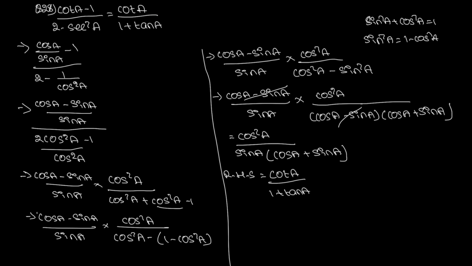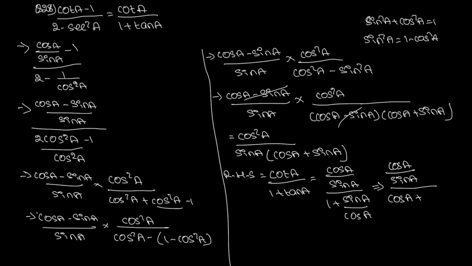Right. Now let's convert this in the form of cos and sin. This cot can be written as cos A by sin A, and this tan can be written as sin A by cos A. Here we need to take the LCM of this denominator. We'll get it as cos A by sin A whole divided by cos A plus sin A, and the denominator will be cos A. Let's transpose this second factor to the first factor.